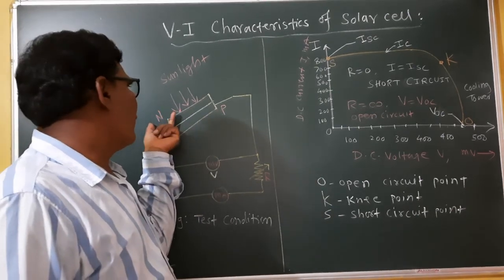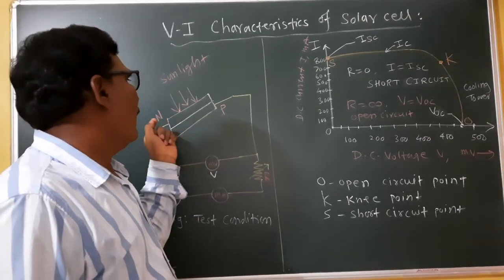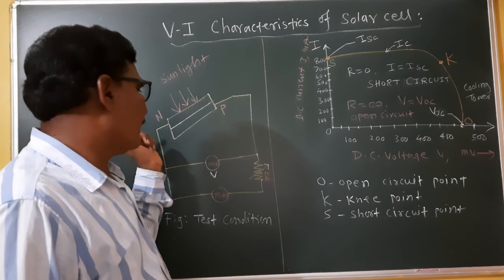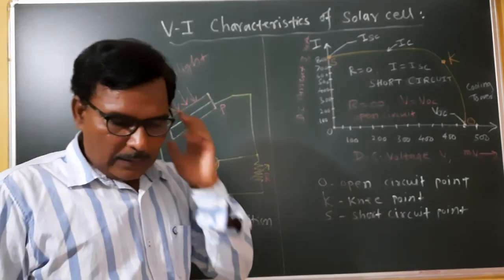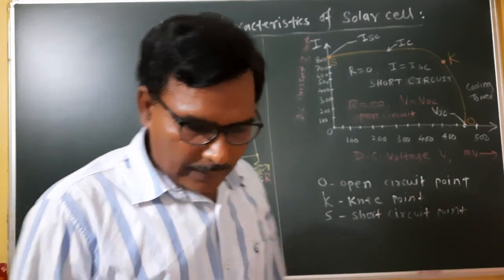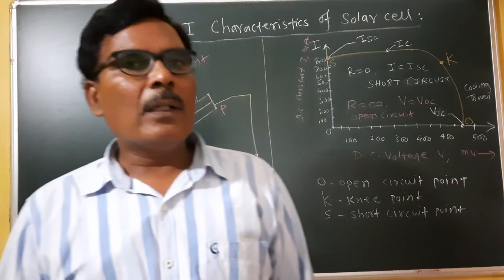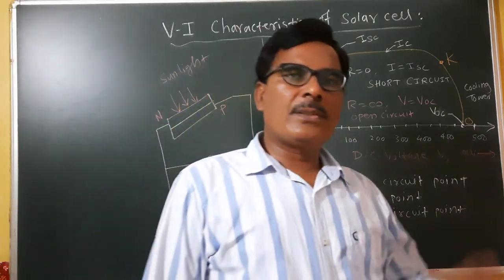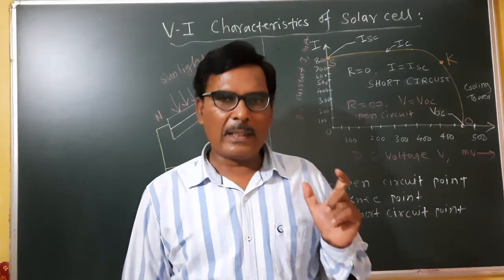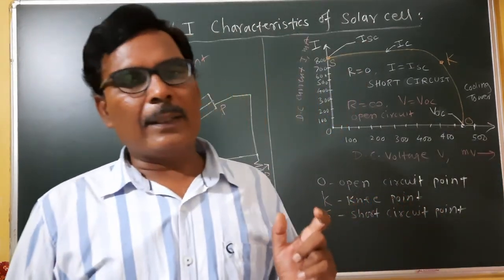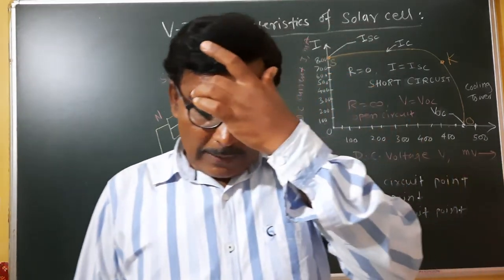N type consists of electrons and P type consists of holes. Electron-hole pairs are generated when sunlight is incident on the solar cell, so voltage, current and power can be delivered by the solar cell. About 0.5 volt can be generated by a single PV cell, the current can be 0.75 ampere, and the power is about 0.33 watts.